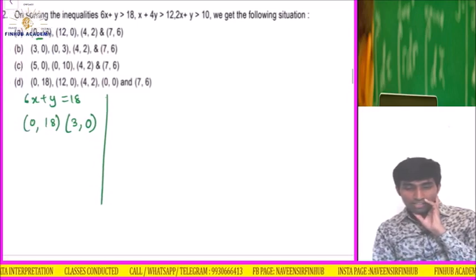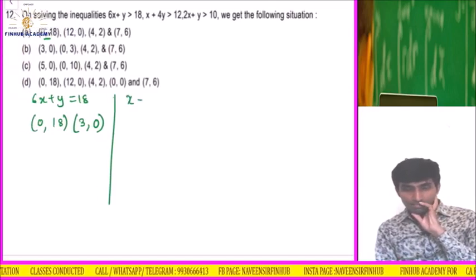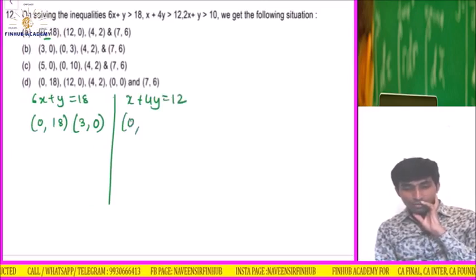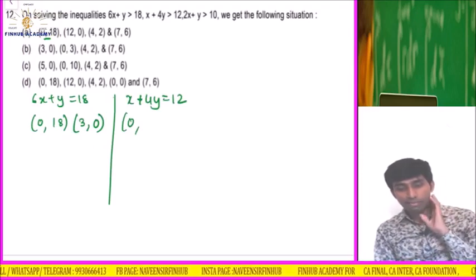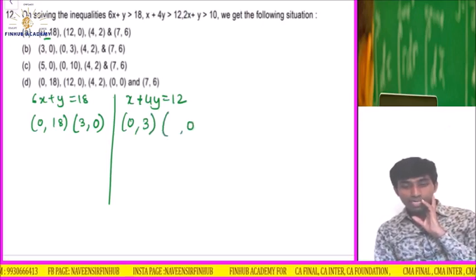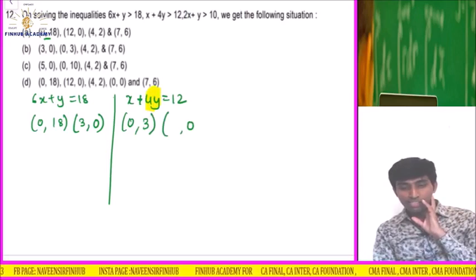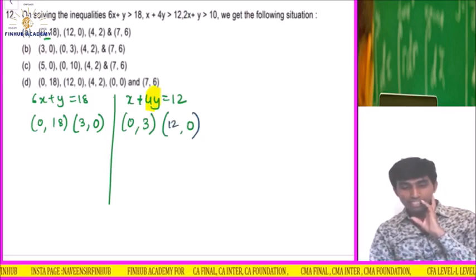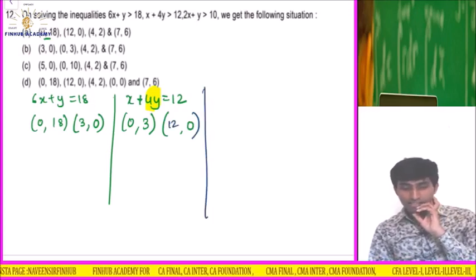Then what? x plus 4y is equals to 12. If x is 0, then 12 divided by 4 is 3. Another point: if y is 0, I am substituting 0 here, so this becomes 0. So x is equals to 12. So I'll write here 12. Easy. Next, third equation.